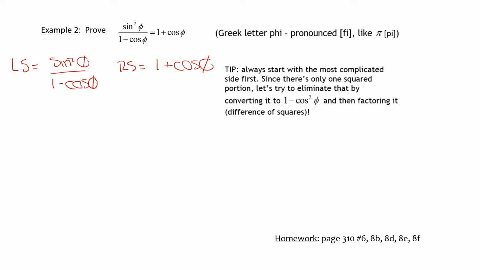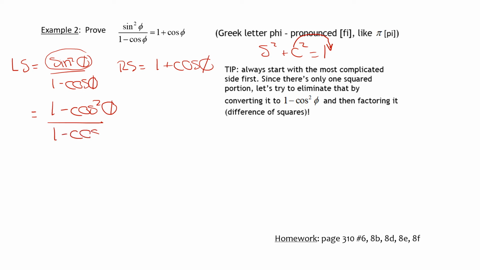The Pythagorean identity is, in short form, sine squared theta plus cos squared theta equals 1. So I'm going to isolate sine squared theta by bringing cos squared theta over this side, which means instead of sine squared theta right here, I'm going to write 1 minus cos squared phi over 1 minus cos phi.